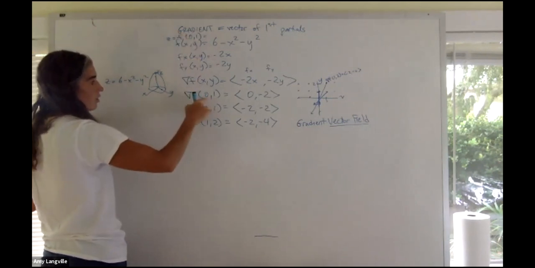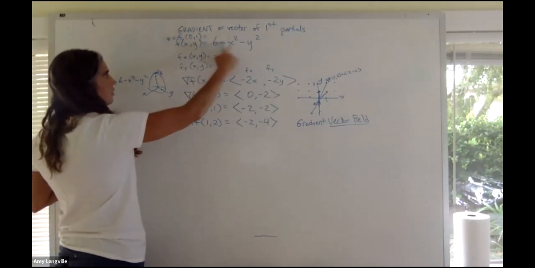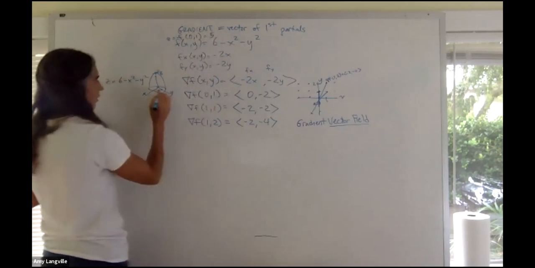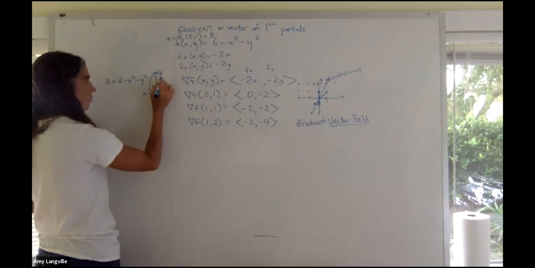When x is 0, y is 1, what is z? So I plug in, we get 6 minus 0 minus 1, so 5. So I'm actually at the point 0 along the x, 1 along the y, 5, somewhere on this surface: 0, 1, 5.